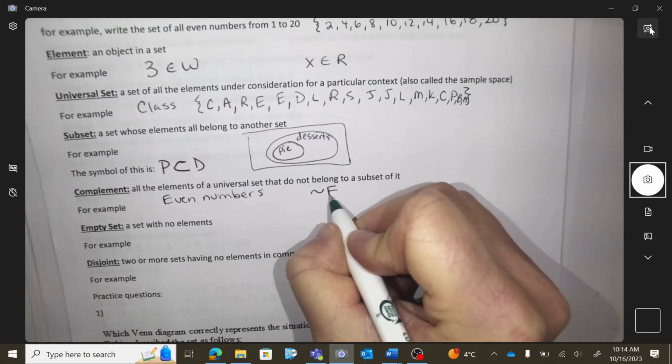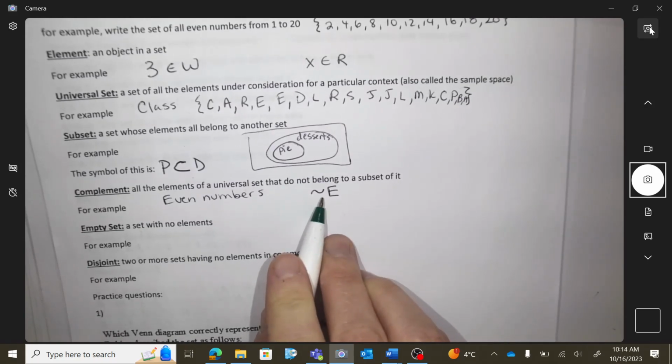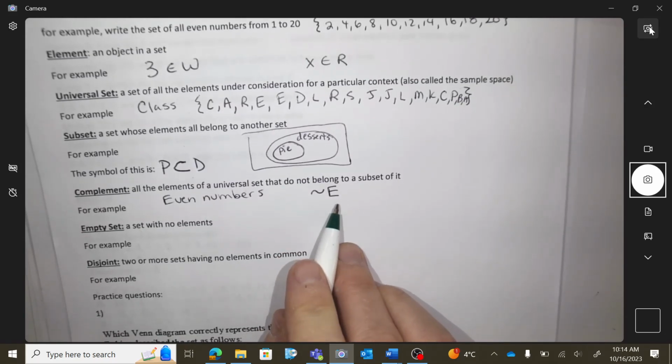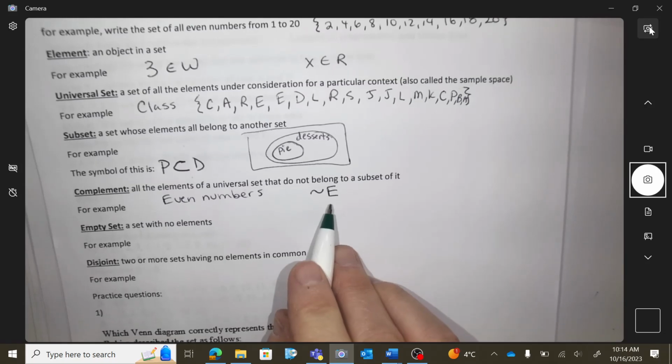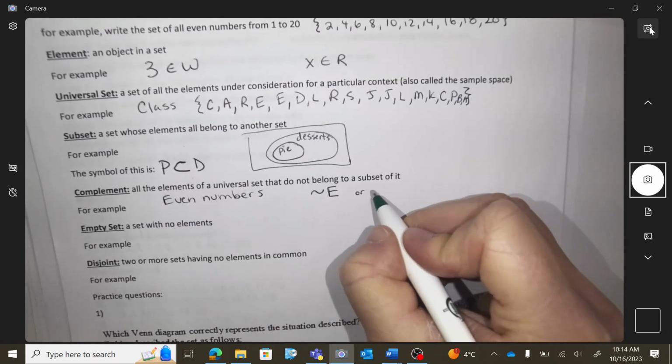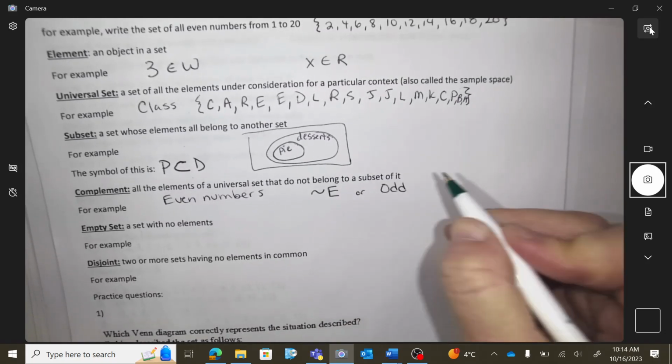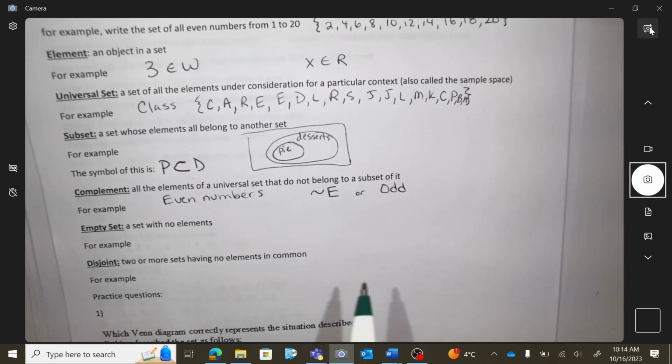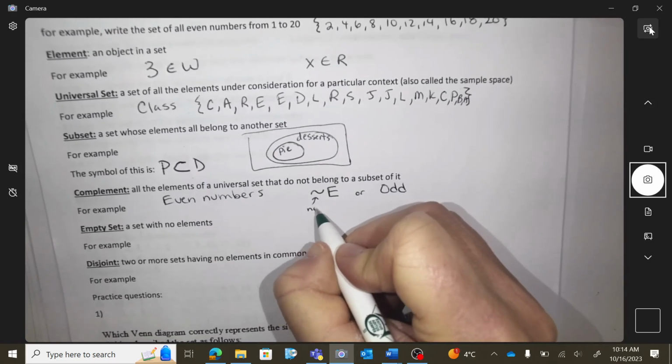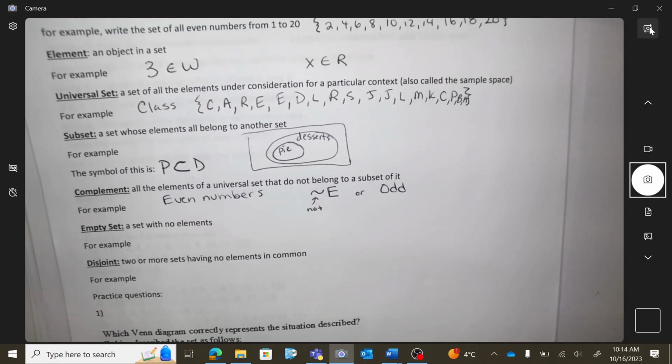Not even; this symbol means not. All the other numbers would be not even, or they would be odd. So that's a new symbol, and it means not even. A complement is the opposite occurring.